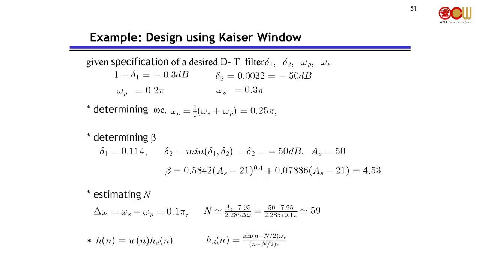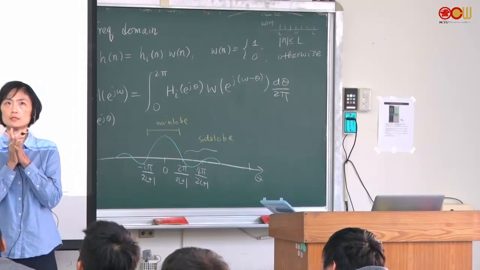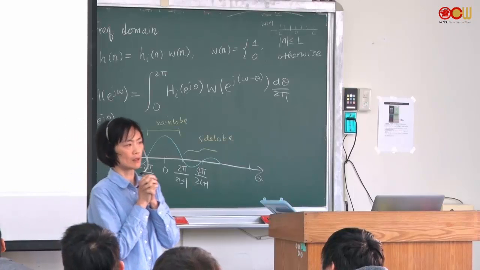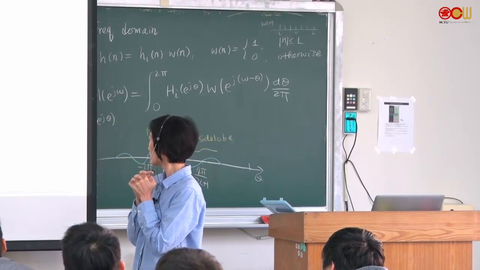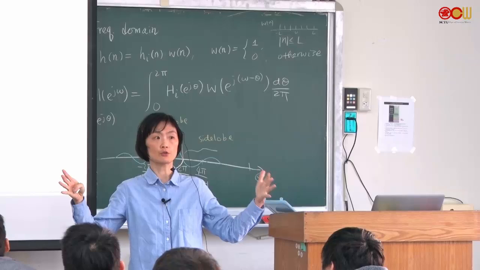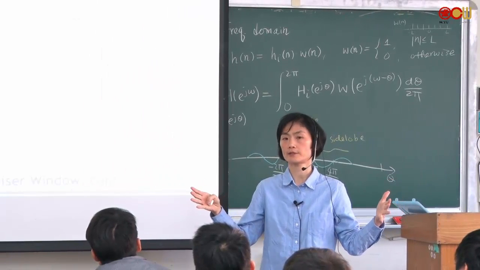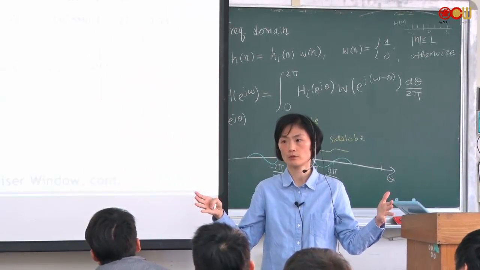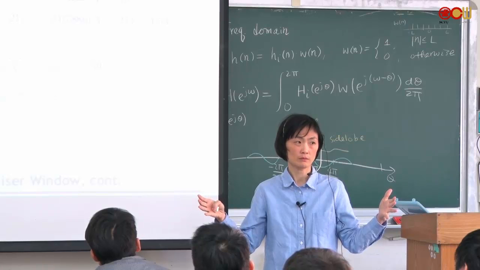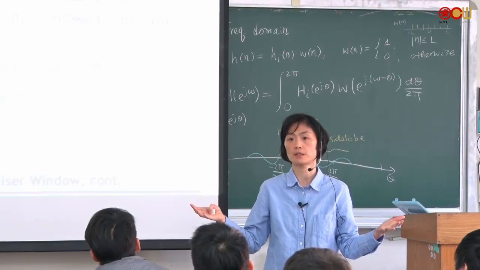we haven't really talked about implementation yet, right? But what do you expect? If we have a filter of a larger order, what would be the complexity of implementing the filter? Higher or lower? The complexity or cost of implementing the filter.